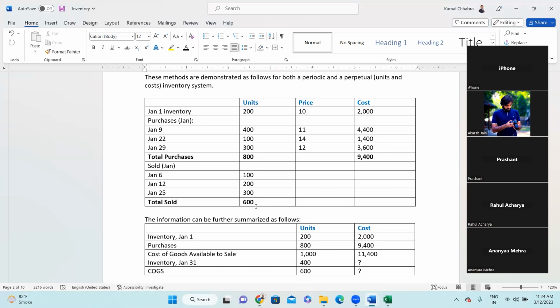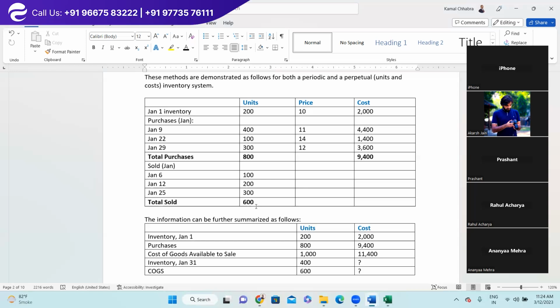So the average will be... No, why are you missing the opening inventory? Yes. So the total cost is 11,400 divided by 1,000. So it will be 11.4. So 11.4 multiplied by 400. So it will be 4,560.